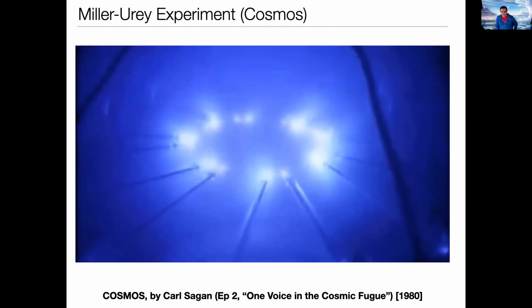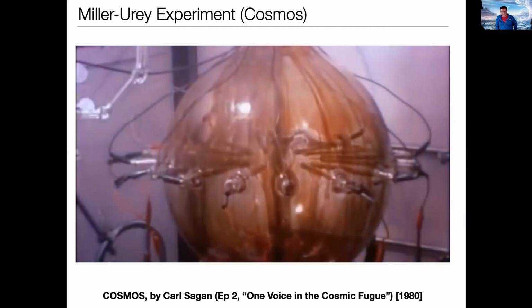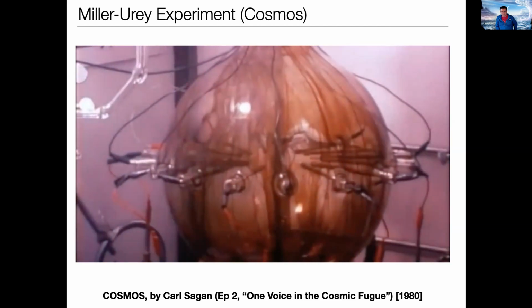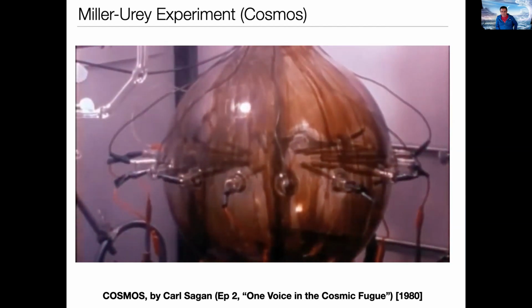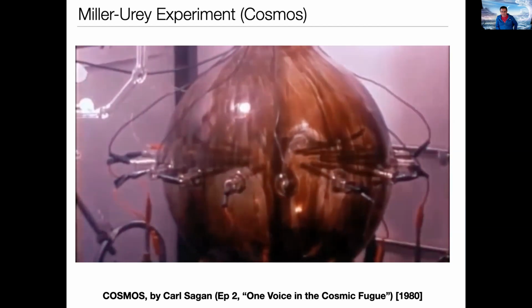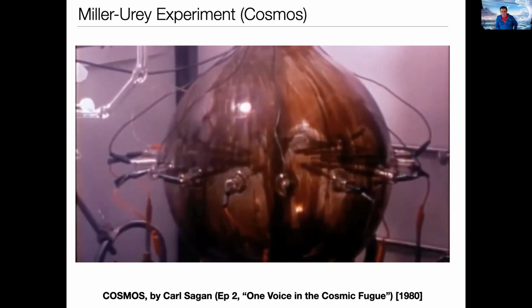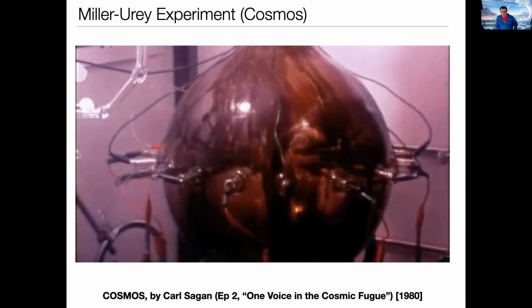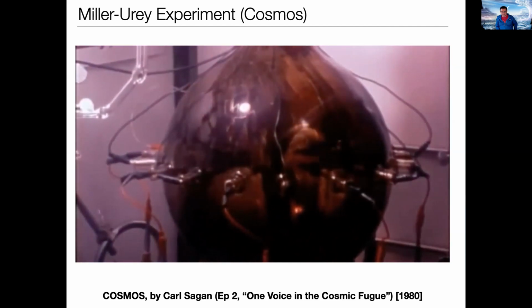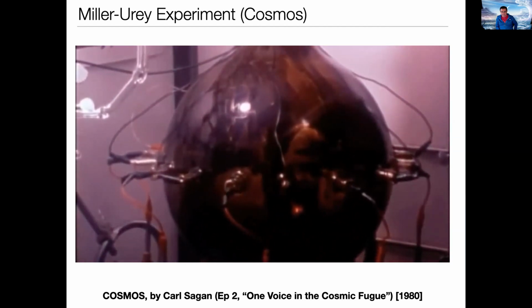After only a few hours, the interior of the reaction vessel becomes streaked with a strange brown pigment, a rich collection of complex organic molecules, including the building blocks of the proteins and the nucleic acids. Under the right conditions, these building blocks assemble themselves into molecules resembling little proteins and little nucleic acids.